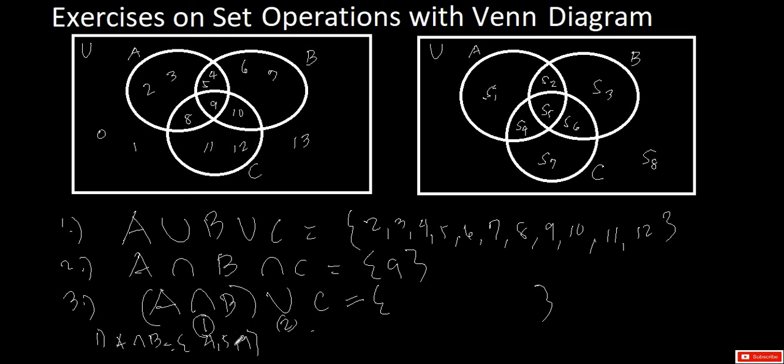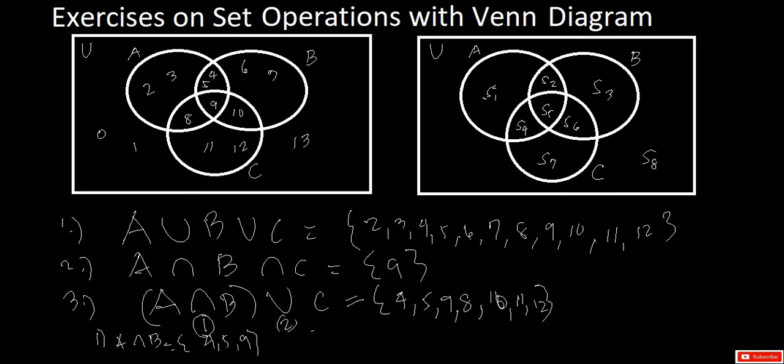So first, let's list the elements of A intersection B, which are 4, 5, and 9. And then we list the elements of set C. We have 8, and then we're not going to list 9 anymore because we have listed it already. Then 10, then 11 and 12. So that is the answer in number 3.